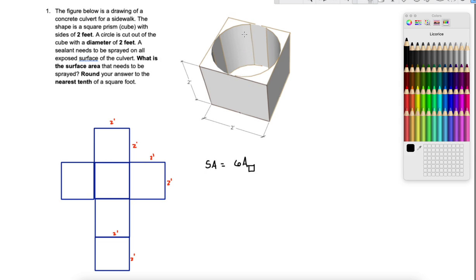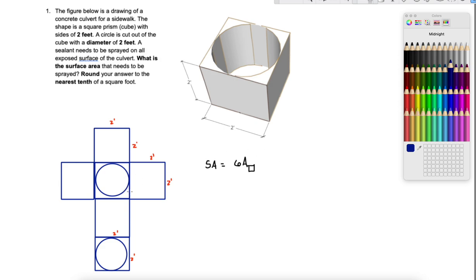So in this net, we have to cut out a circle. So I'll do it on this one right here. So a circle is being cut there, and so it goes through on one side and comes out the other. So I know that these two are on opposite sides, so I can use that one.